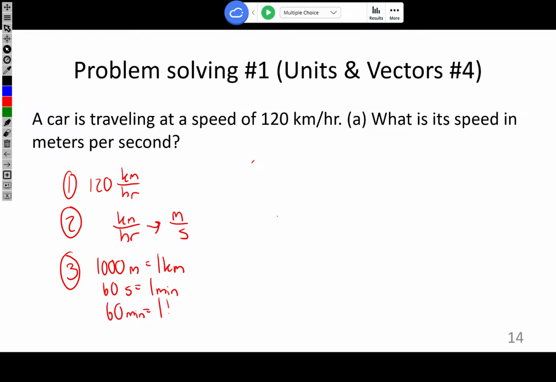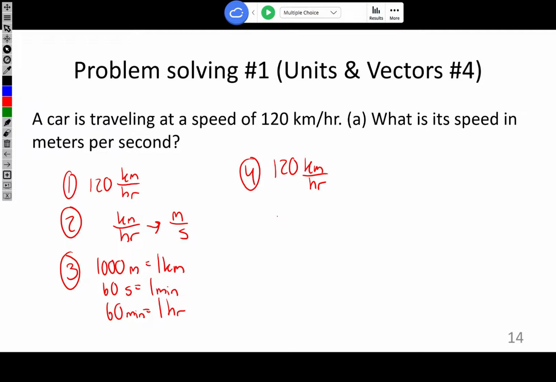Again, we end up in one of those situations. Do I multiply? Do I divide? You can start to see how it can get easy to get this stuff mixed up. We're going to do the easy one first, converting from kilometers to meters. I have 120 kilometers per hour. Should I multiply or divide? Think of what kilometers per hour means.